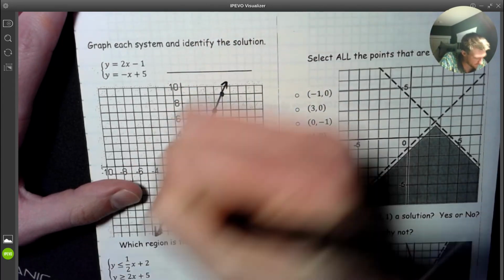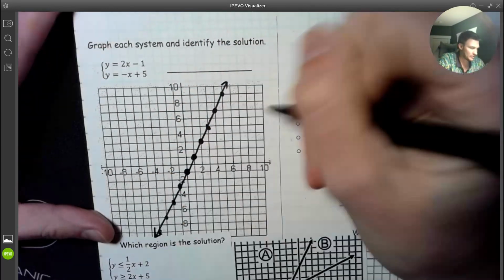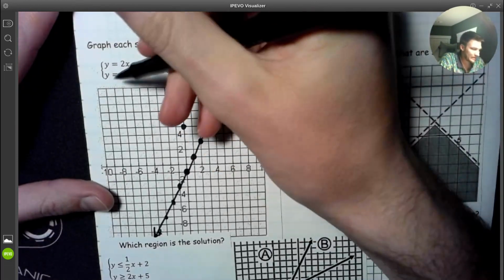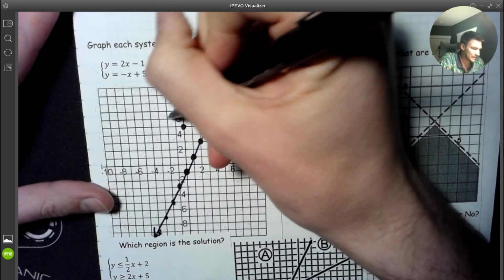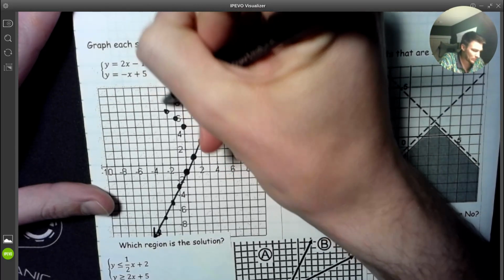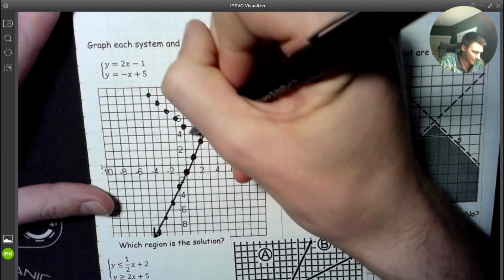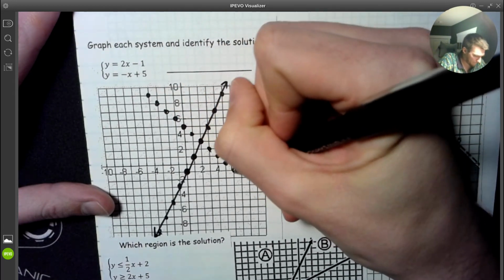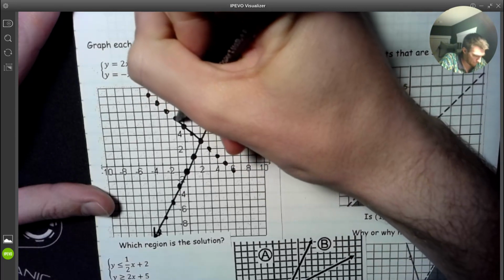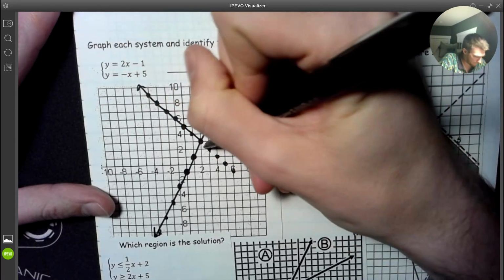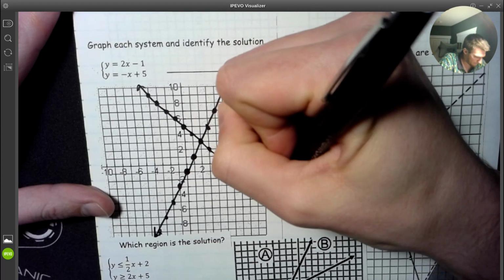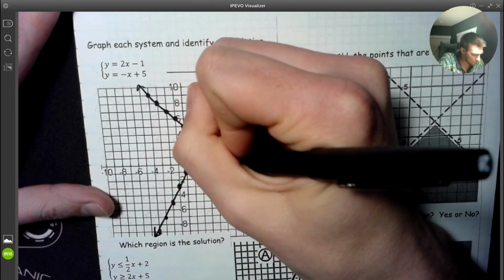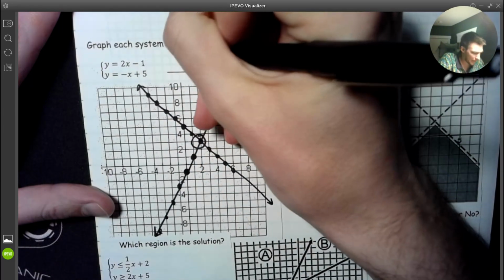If I make all these dots, I know we're going to have an intersection at one of these dots. The other one starts at +5, and this is a -1 slope, which is up 1, left 1. And we can see where these guys are crossing right here at +2, +3.